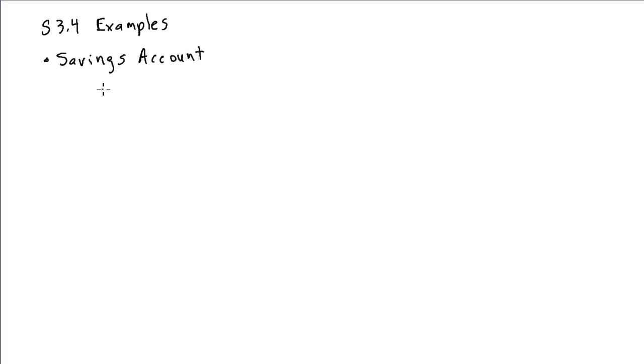Some definitions here. X of n is our input function. So these are deposits that we would make at instant n. And then y of n is our output.